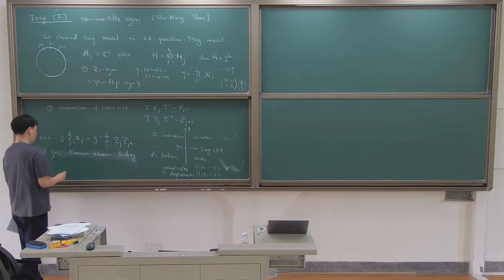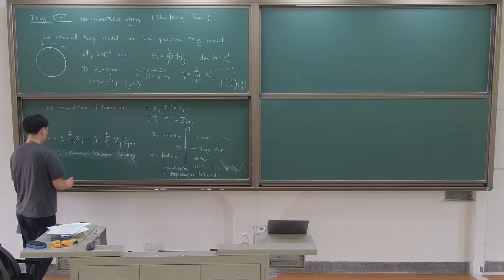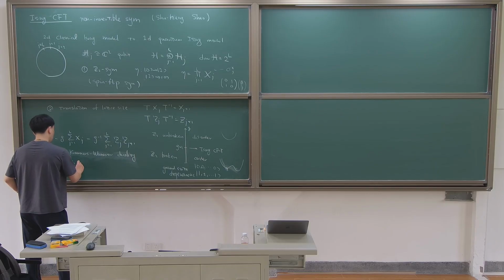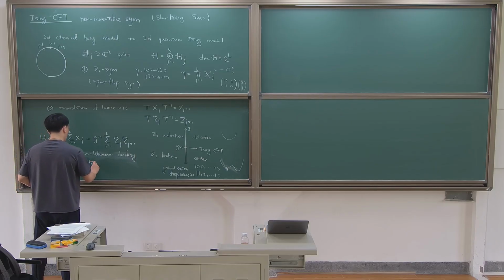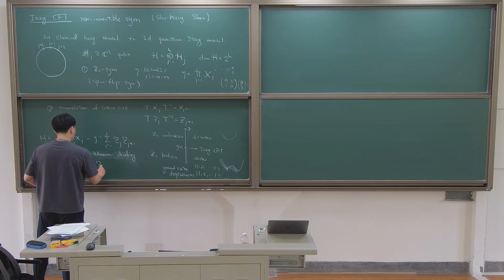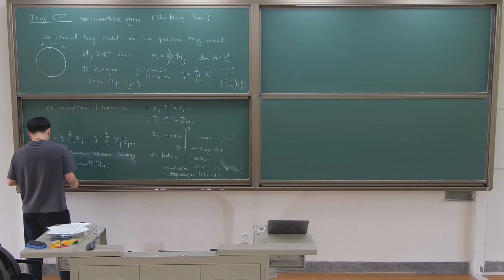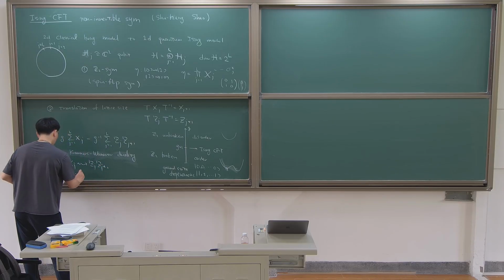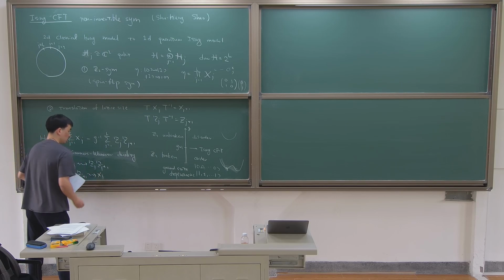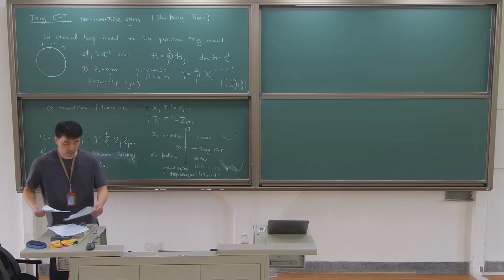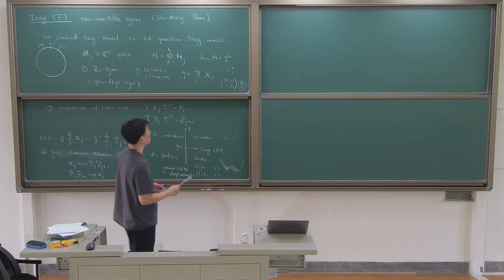Last time we learned that xj is mapped to zj plus 1, and zj plus 1 is mapped to xj. That's the Kramers-Wannier duality we looked at last time.